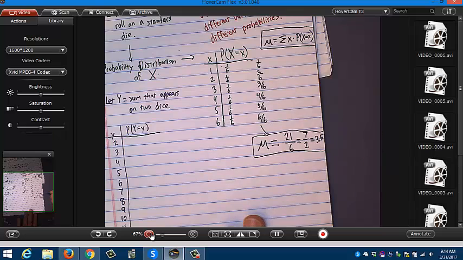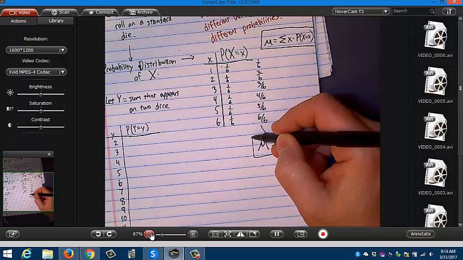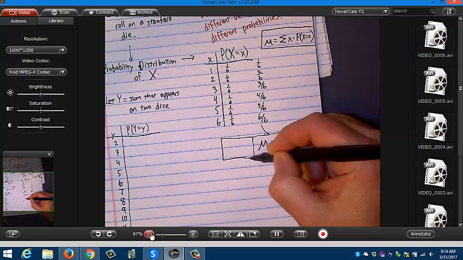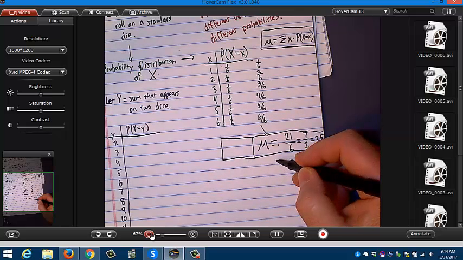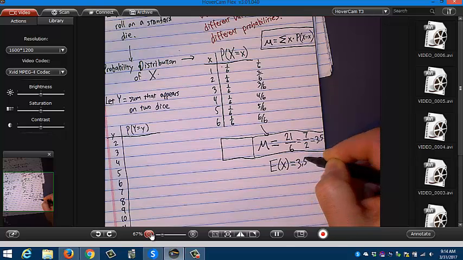Please understand what that means. What the mean means? Yeah. And by the way, there's another name for mean. I'm going to give it to you now. Sometimes you will see this equation written this way. They'll write E of X is 3.5.